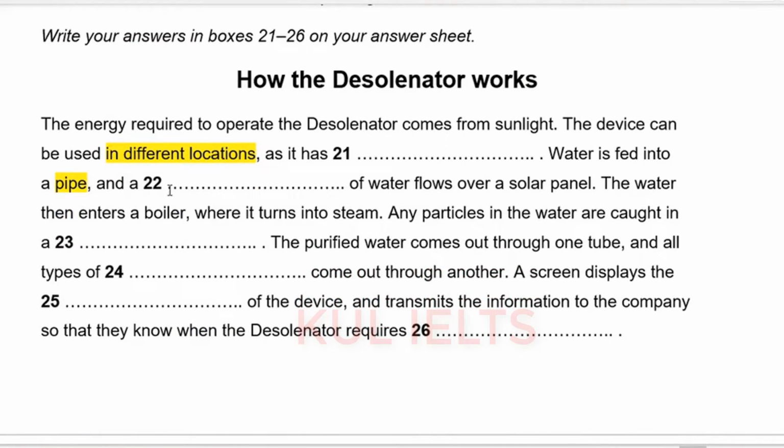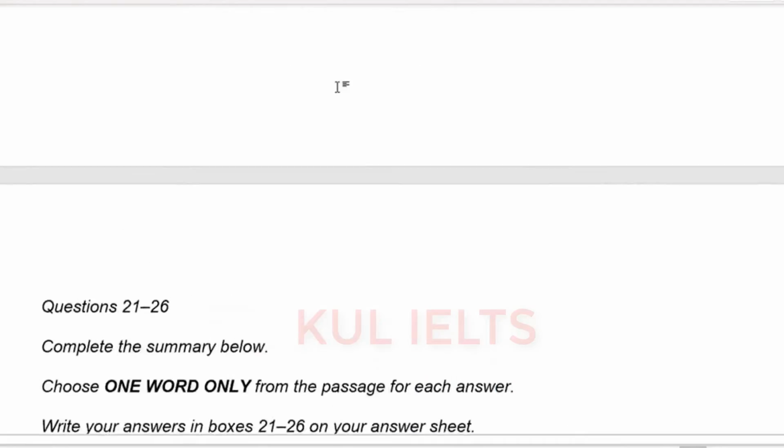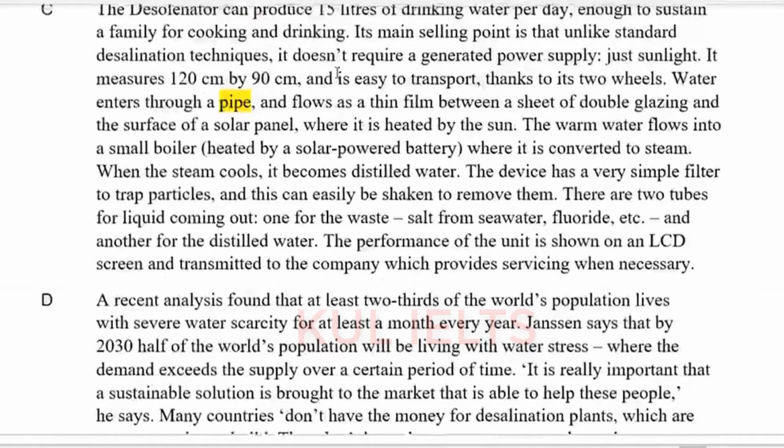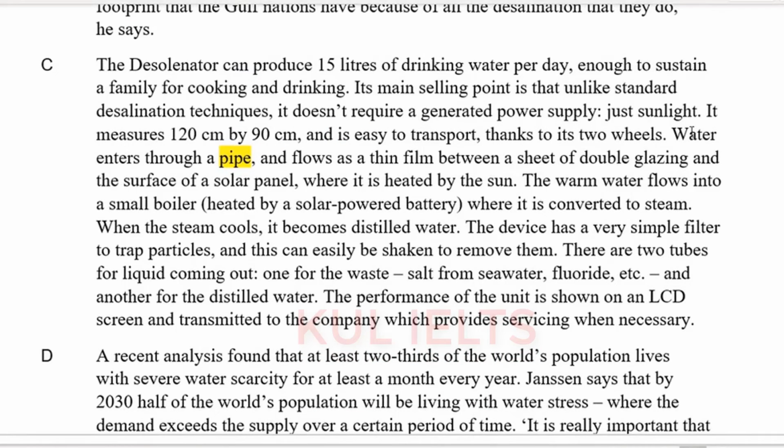Water is fed into a pipe. Now, of course, we're noticing the grammar. We're just looking for a singular noun over here. A something of water flows over a solar panel. Water enters through a pipe and flows as a thin film. There's our singular noun between a sheet of double glazing and the surface of a solar panel. So the answer is either a film or a sheet of double glazing.